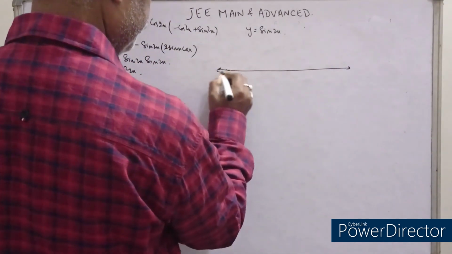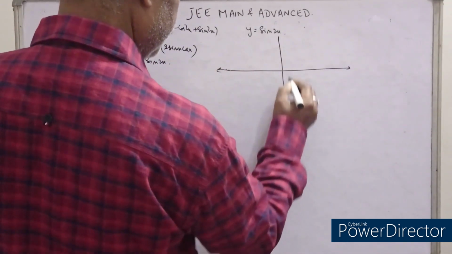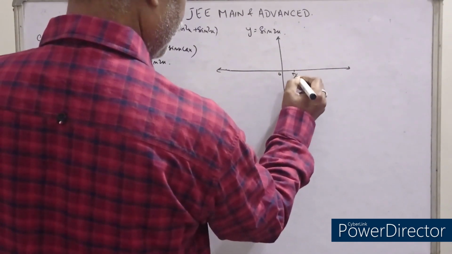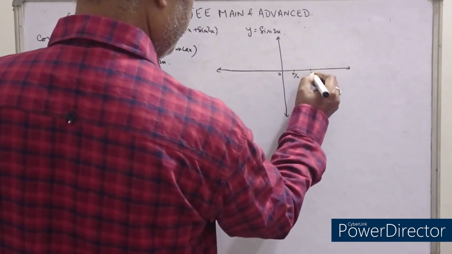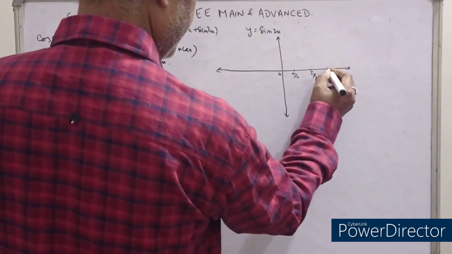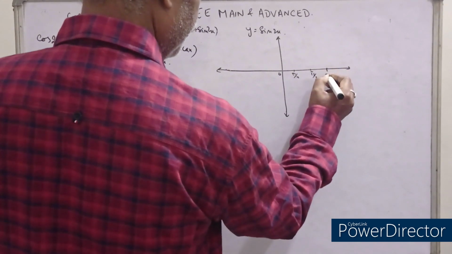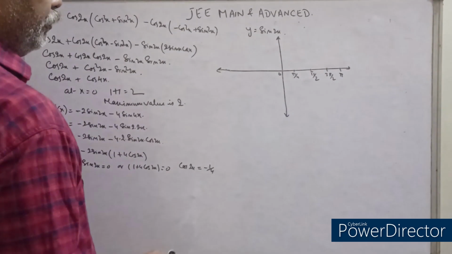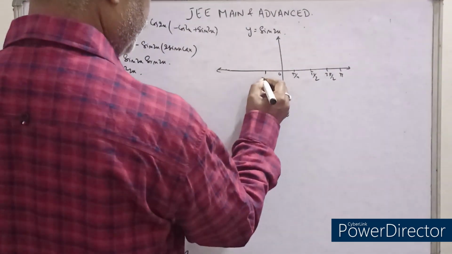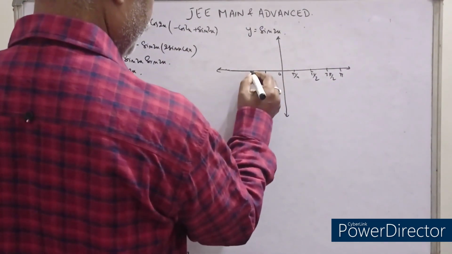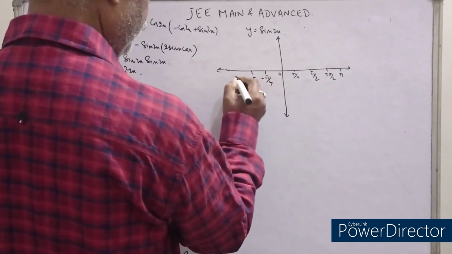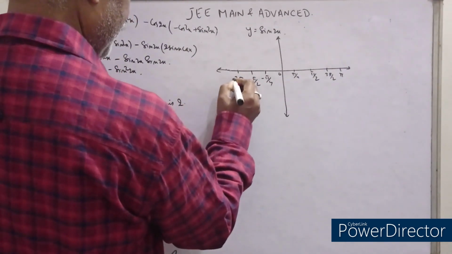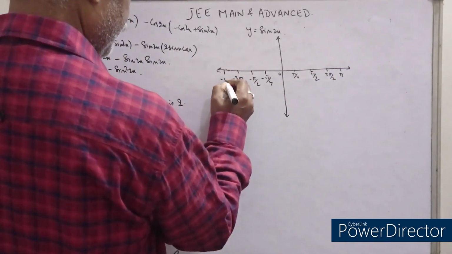This will be 0, pi by 4, then pi by 2, then your 3 pi by 2, and then pi. Similarly here, this will be minus pi by 4, minus pi by 2, minus 3 pi by 2, and then minus pi.